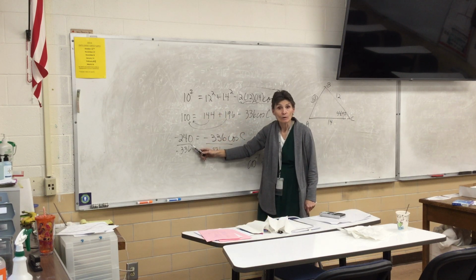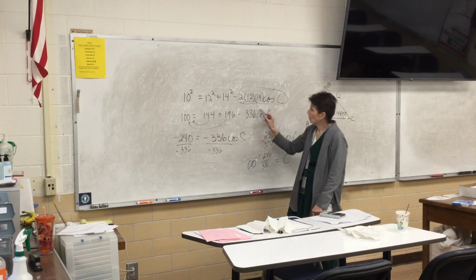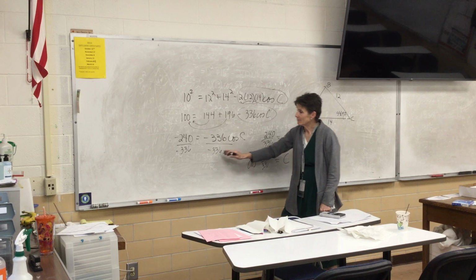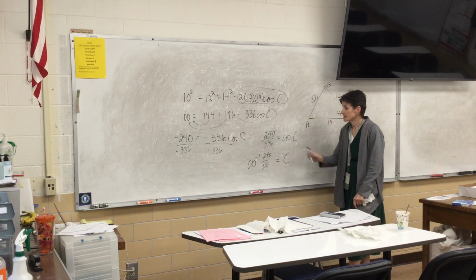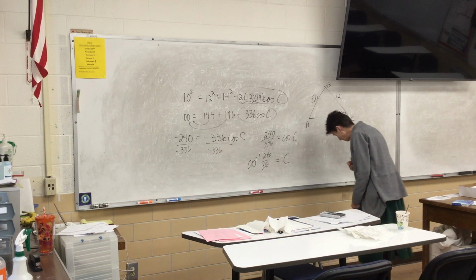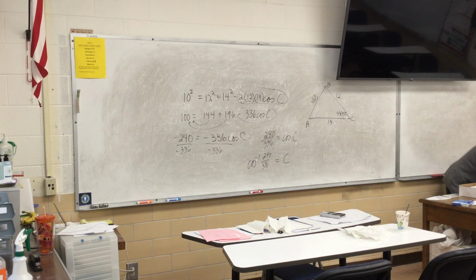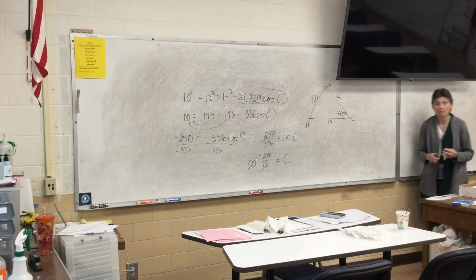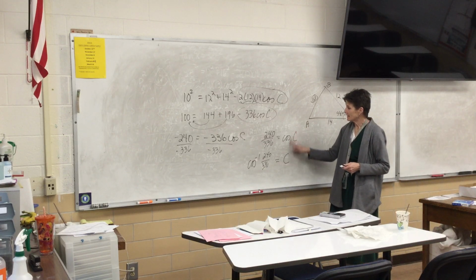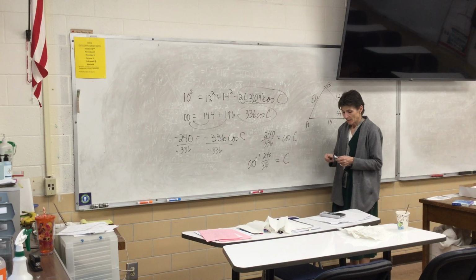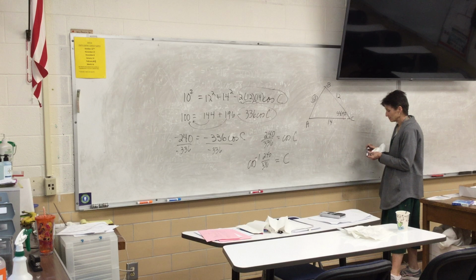That was negative 240, equal to what's left, which is this guy right here. Then I divided by the negative 336 so that I had cosine by itself. And then, just like before, the only way to get angle C is to do inverse cosine. And that gave me my angle.